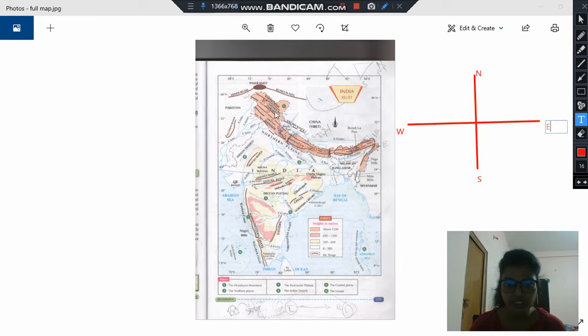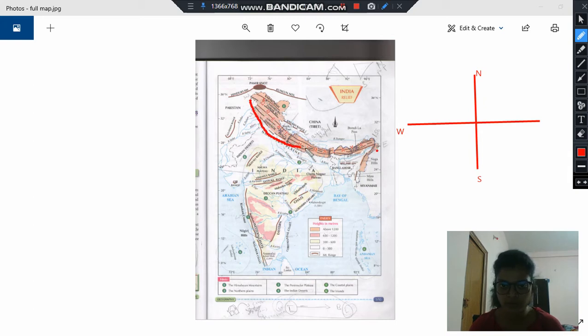You see this in the peach color. This is Himalaya from here to here. From the west side in the north to the east side, it is Himalaya.